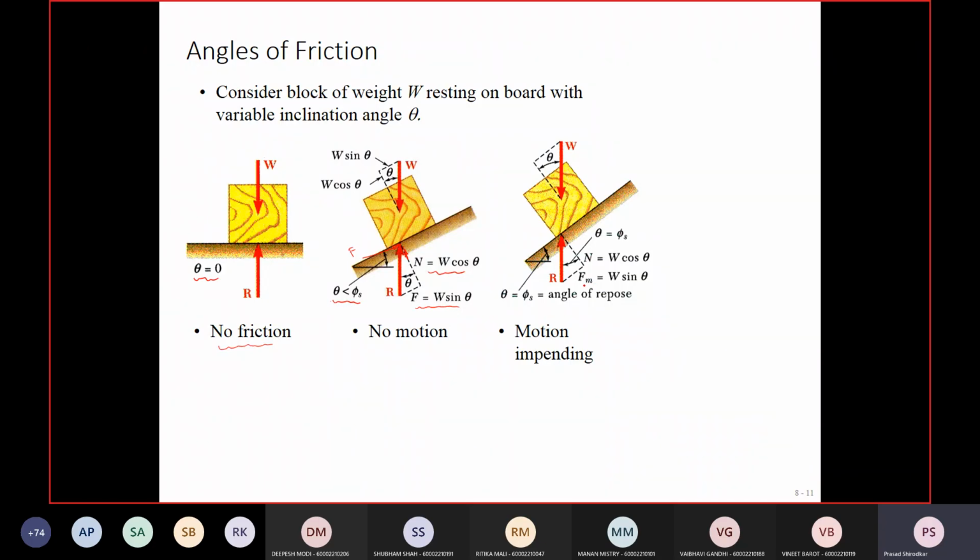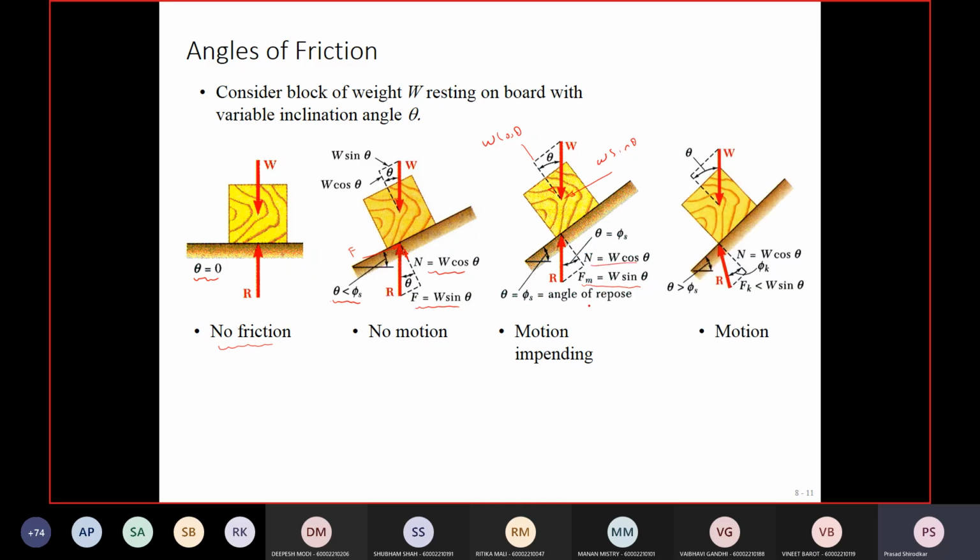In this case, the maximum frictional resistance is equal to W sin theta, that is the component of the force along the incline, and W cos theta is equal to N. And if the angle is further increased, theta greater than phi static, then the motion begins. Then it is a dynamic system. Of course, the normal reaction will again be W cos theta, the cosine component of weight. So these are the four conditions under self weight.